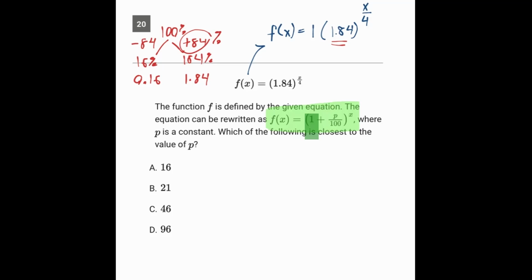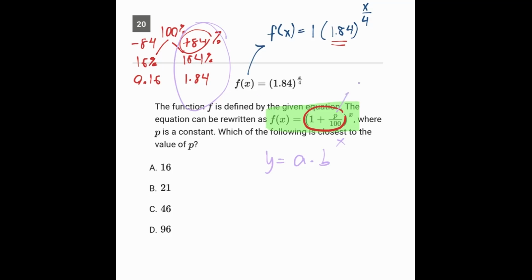And that is like your standard exponential equation. Y equals a times b to the x. Now this part in here, the 1 plus p over 100, that's just a fancy way of doing what we were doing here. So 100 plus 84% would be 184%, which is 1.84.